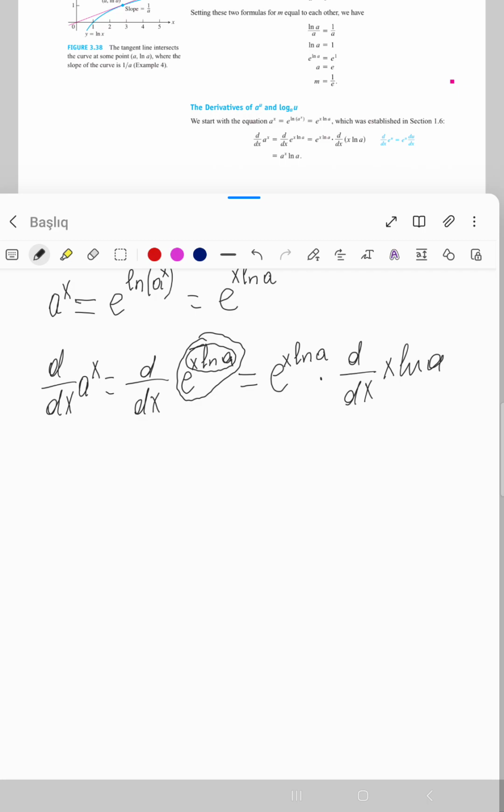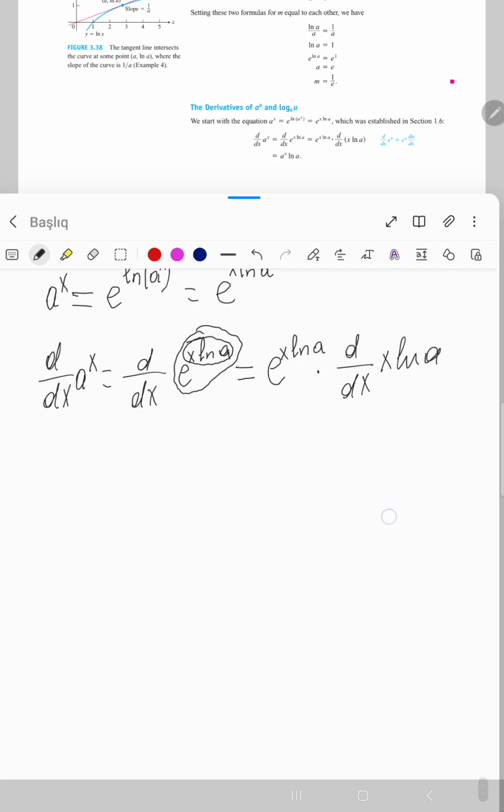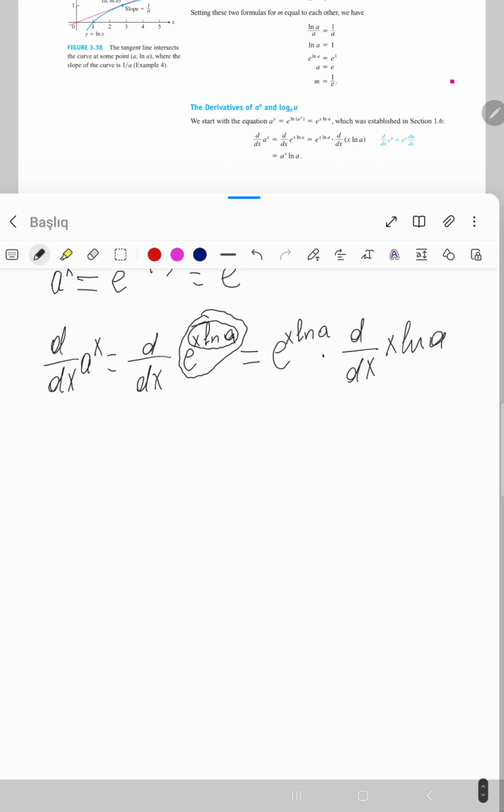And also what we have to do is to put d over dx on the left and everything else on the right.